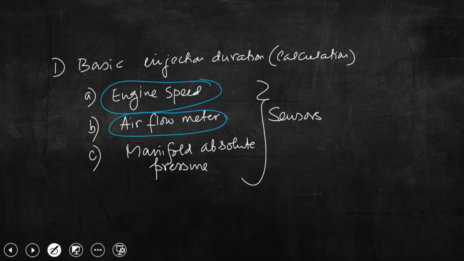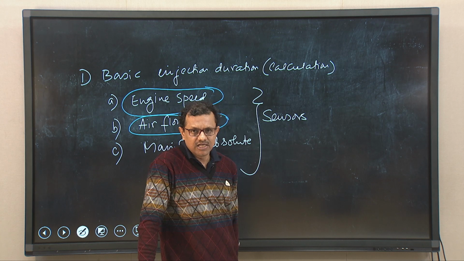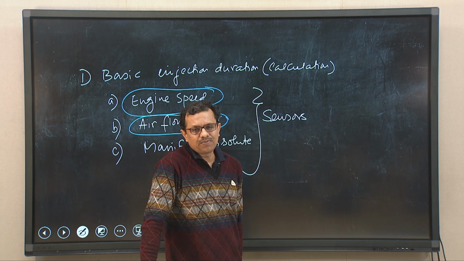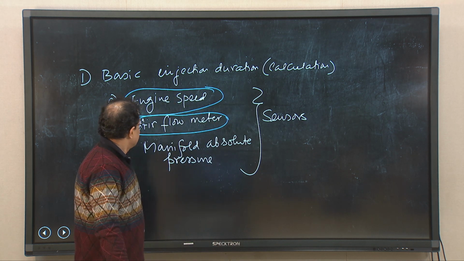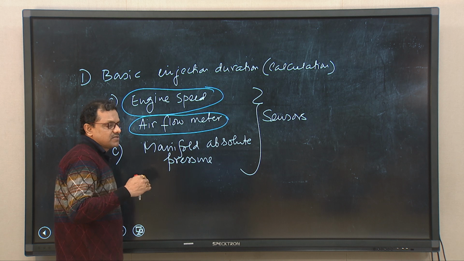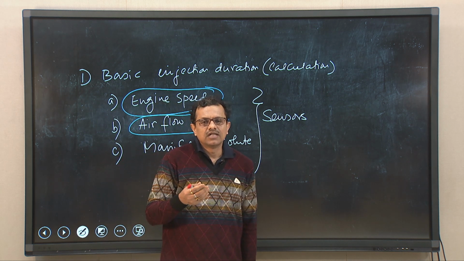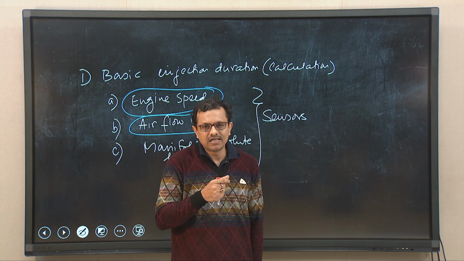The airflow meter sensor will give some input to the ECU about the mass of air drawn into the engine cylinder. Similarly, the engine speed sensor will give some input to the ECU, the speed at which the engine is running.